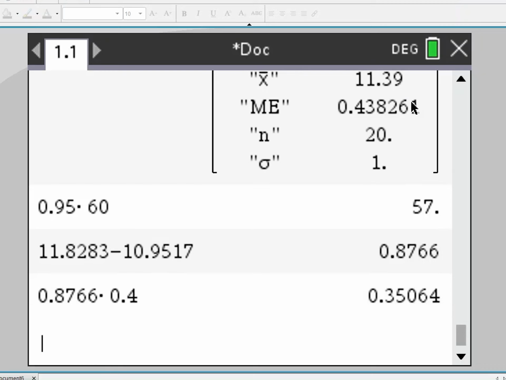And now I'm going to solve using the confidence interval formula.